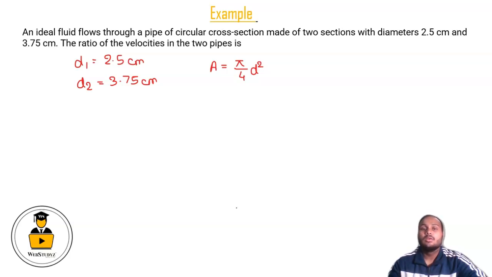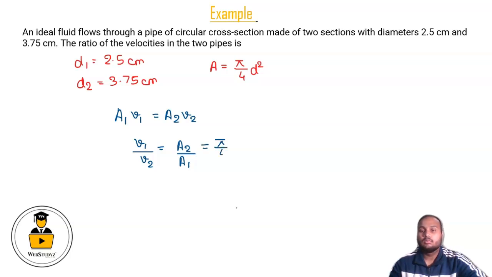So using the equation of continuity, we can write a1 into v1 is equal to a2 into v2. So if we do v1 by v2, this will be equal to a2 by a1. Let us put the values.